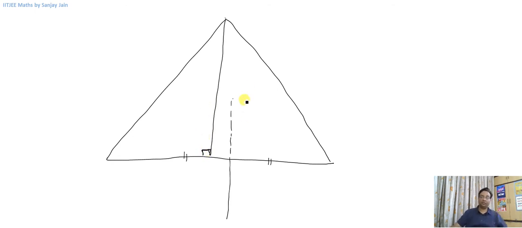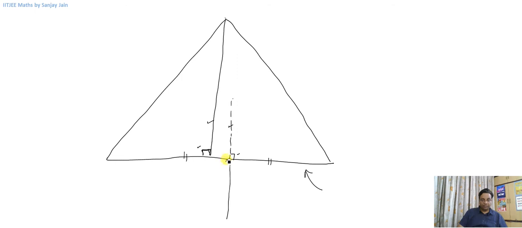We have got three altitudes, and this is the perpendicular bisector of this side of the triangle. Okay, so this is 90 degrees, this is 90 degrees, so these two lines are parallel, this altitude and this perpendicular bisector of the base, these are parallel to each other. Okay, and this is the perpendicular bisector.